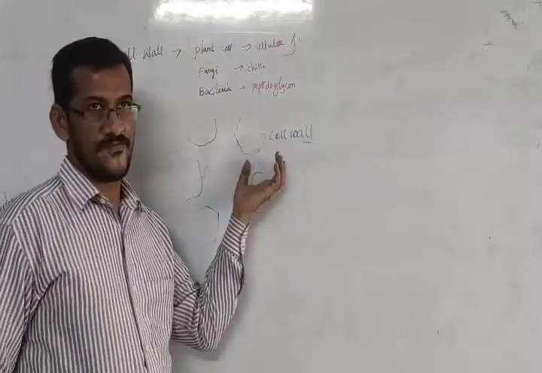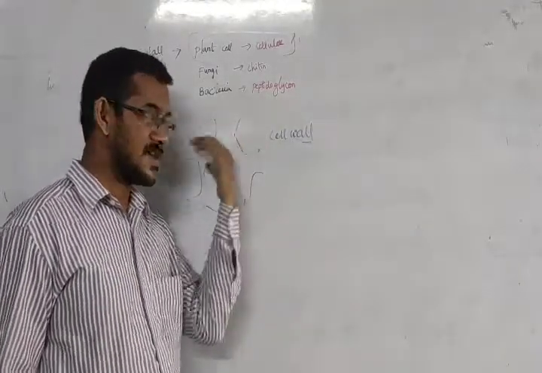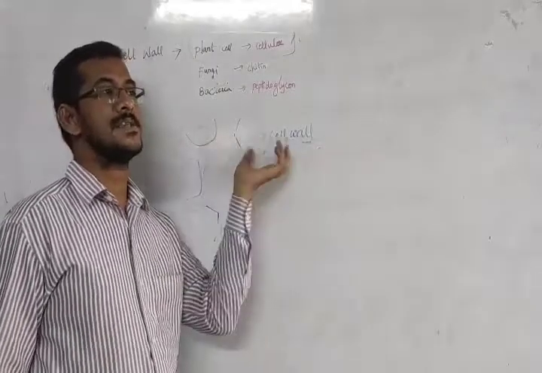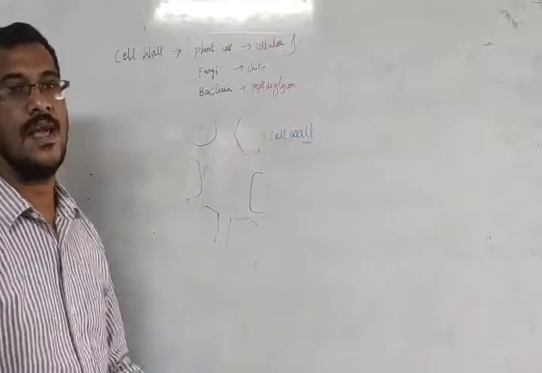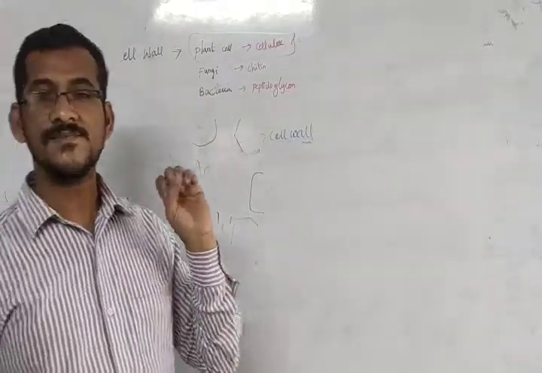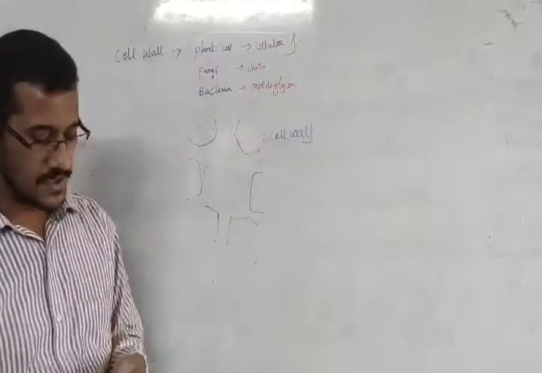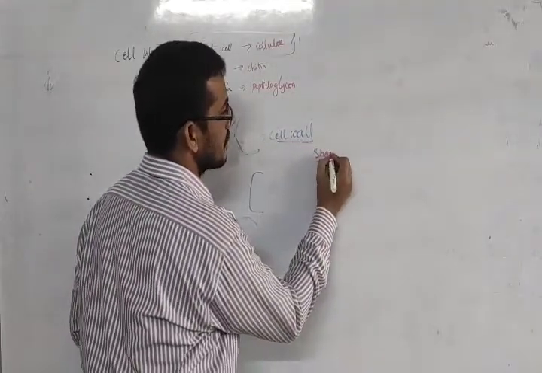What is the function of this? It is very tough but flexible, and it has some holes, it is porous, so that it allows information to pass from one cell to another cell, and it gives shape. Understood? So the function is it gives shape.